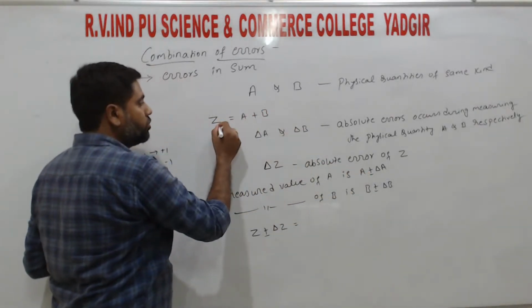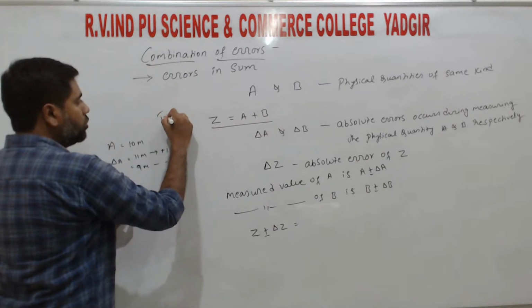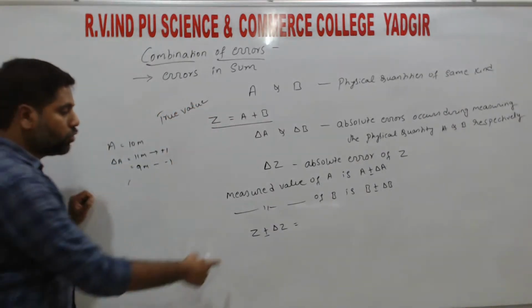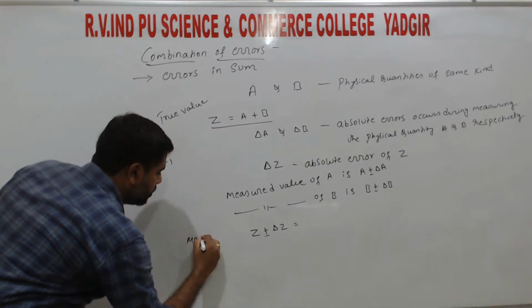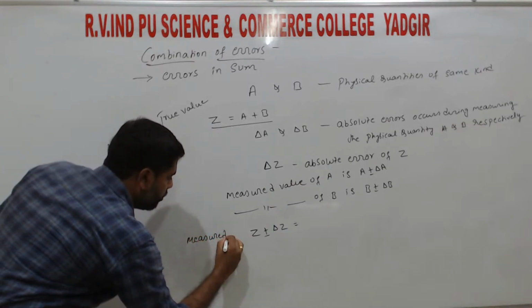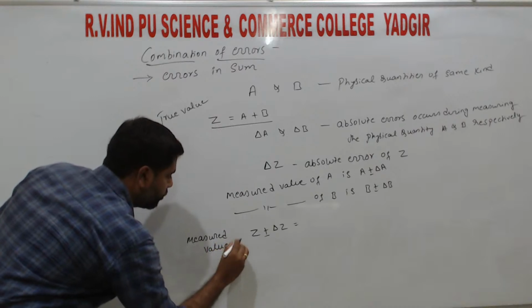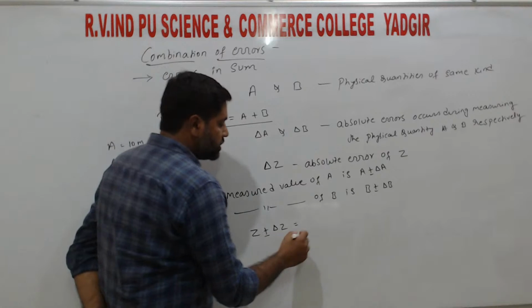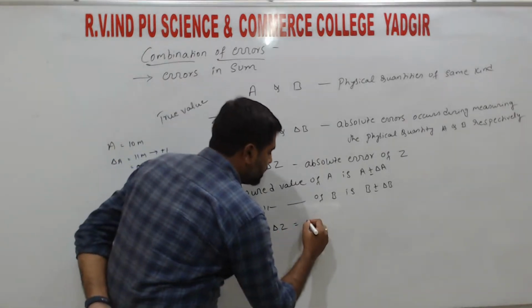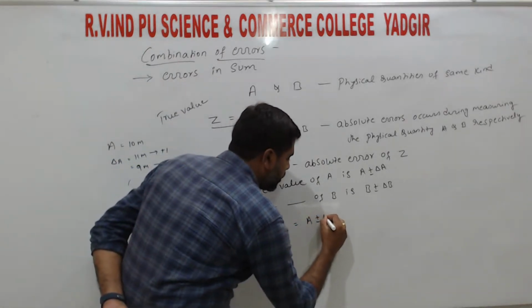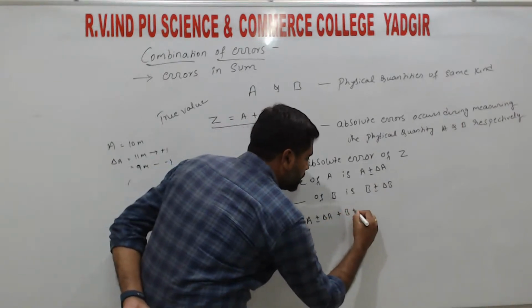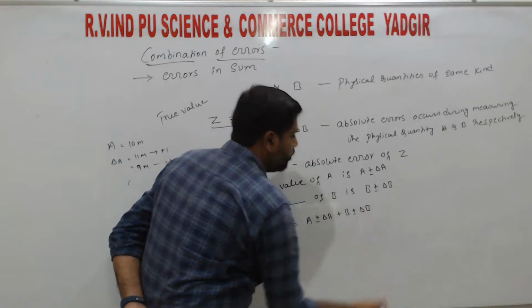This is about the true value, right? So this is the measured value. Measured value Z plus or minus delta Z equals A plus or minus delta A plus B plus or minus delta B.